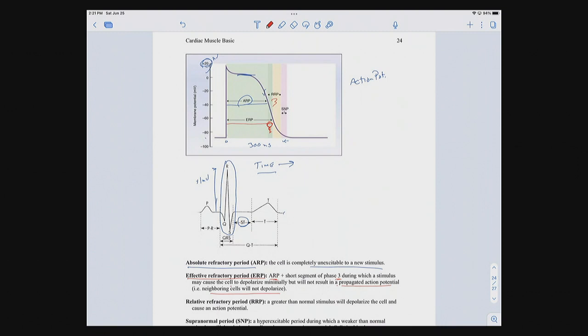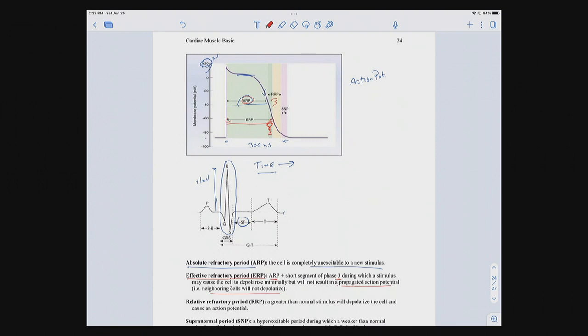So the effective refractory period simply means that you can't get the reaction going from cardiomyocyte to cardiomyocyte. So the effective refractory period has two parts: the absolute refractory period and then a little bit after that. But during any of this, it doesn't matter what I do, there's no way I'm going to start a chain reaction of one cardiomyocyte causing the next door cardiomyocyte to depolarize.